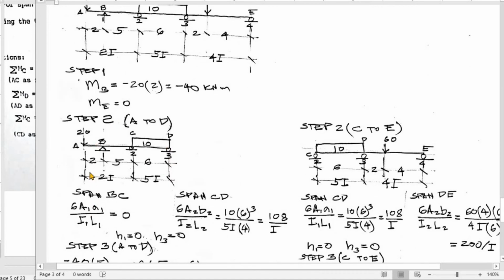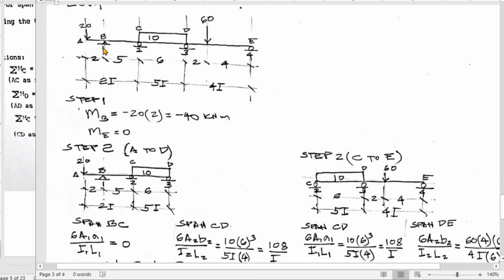Okay, so trinit natin si point B to C as your first span, and then point C to D as your second span, L2. Okay, so step 1, ang moment B mo dito is negative 20 times 2. Ayan. And then, moment at point E is 0 again.